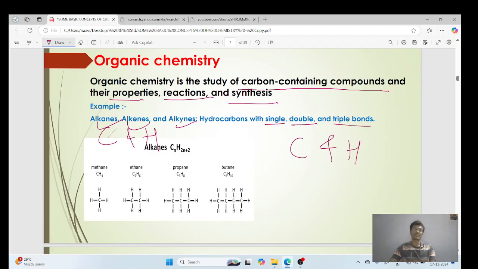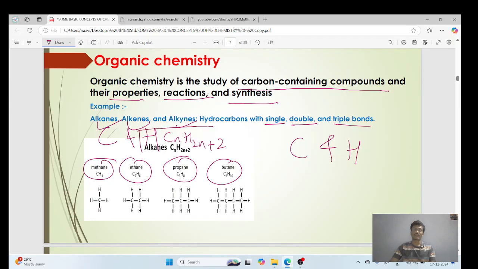Here you can see methane, ethane, propane and butane, which are alkanes. For alkenes, the general formula is CnH2n.